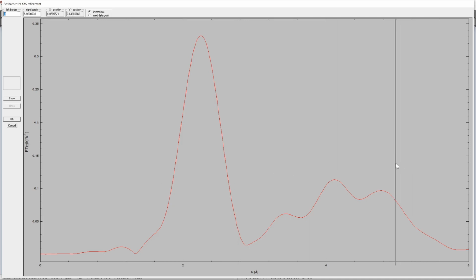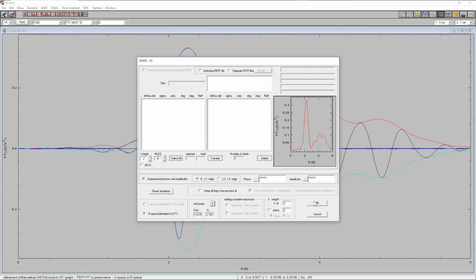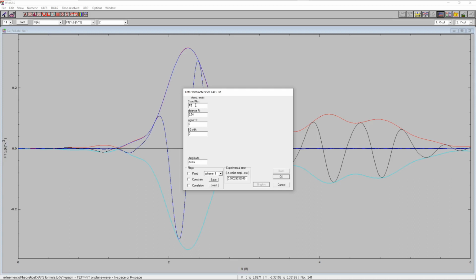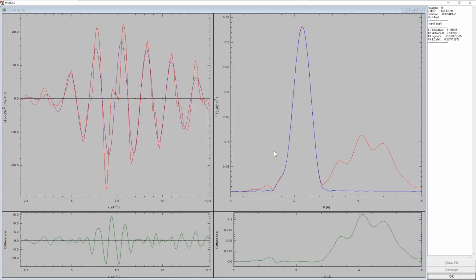We cannot include the higher shells here in the radial distribution function of copper metal. So we select a range that includes only the first shell. Click on OK, and now we can start the refinement. We use the starting parameters that we have here, the crystallographic values. Click on OK, and those are the refinement results.